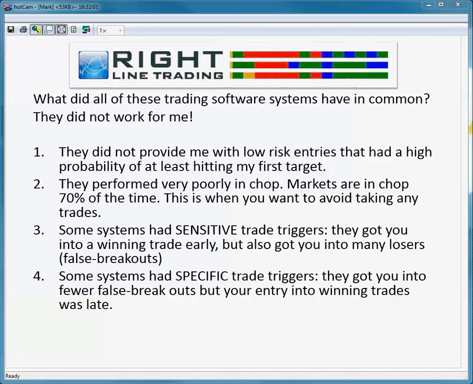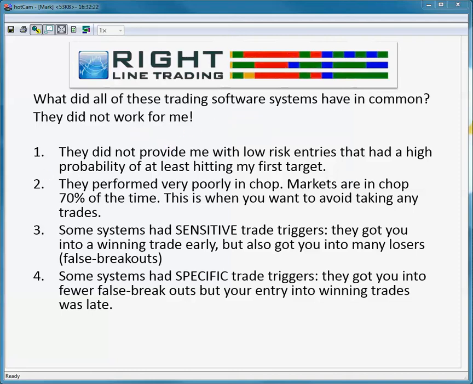When I first looked at day trading as a profession, I looked at a lot of expensive software, and I saw that there was one feature they all had in common: they did not work for me.